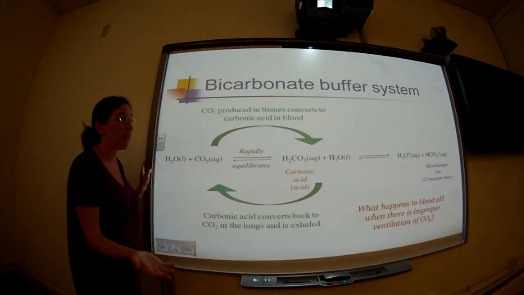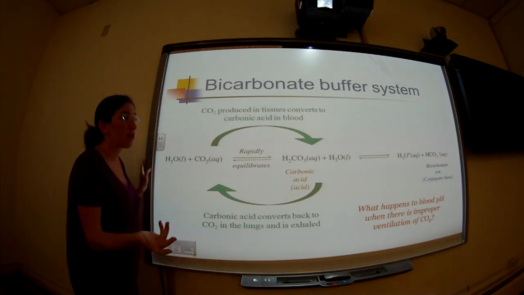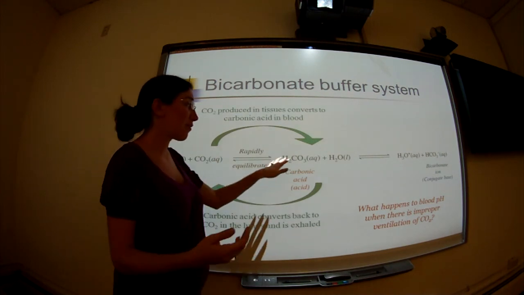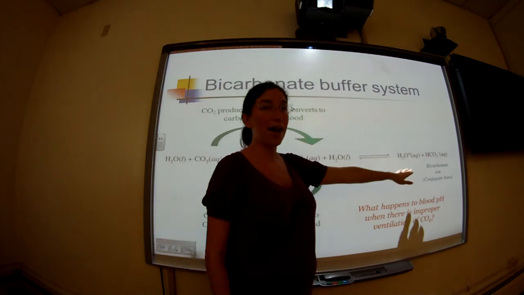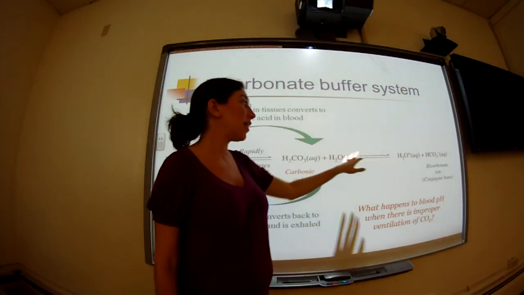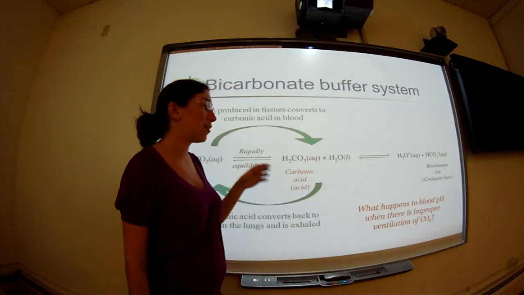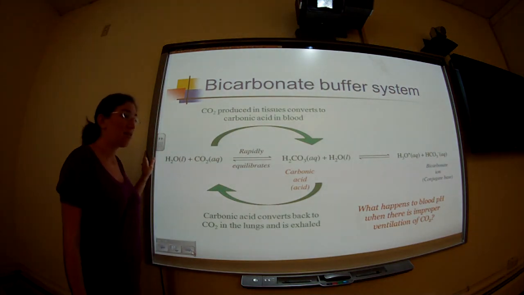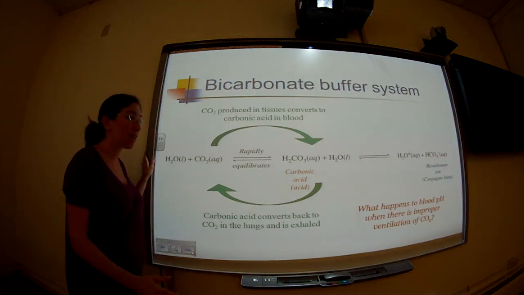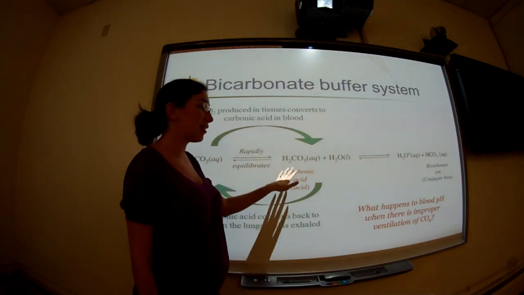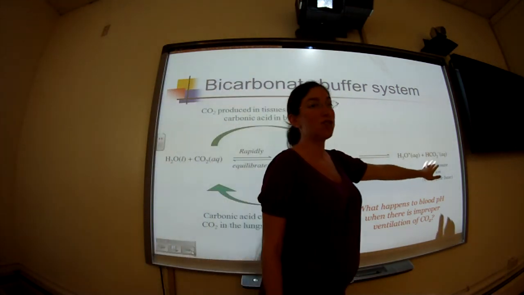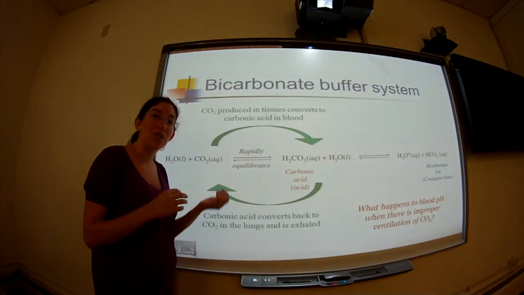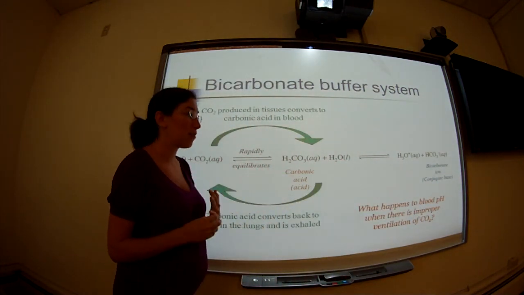The other component in our blood is bicarbonate ion, which helps balance out the pH of the blood. That is the buffer system: the weak acid, carbonic acid, and its conjugate base, bicarbonate ion. It's a weak acid and its conjugate base pair.